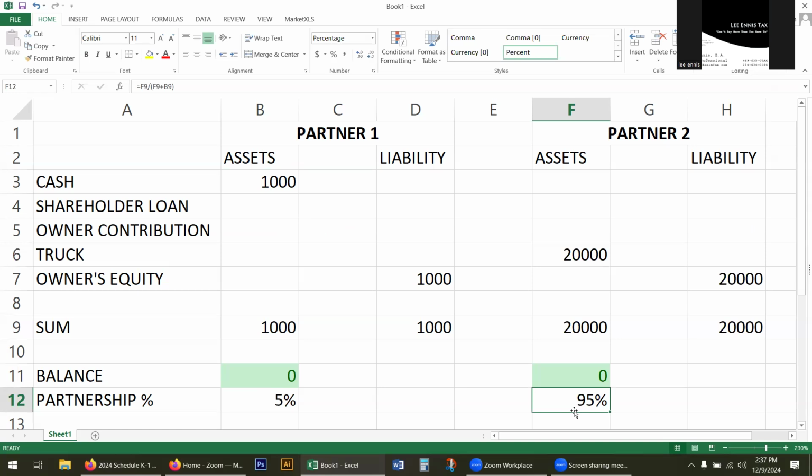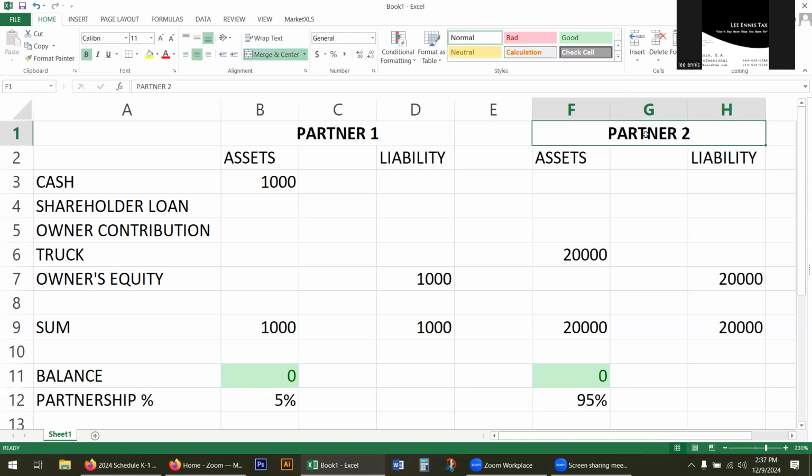Well, here's the thing. If this partner calls me and says, hey, do I get 95% of the profit from this partnership? I'm going to say yes, of course. No question, because you own literally 95% of the partnership.